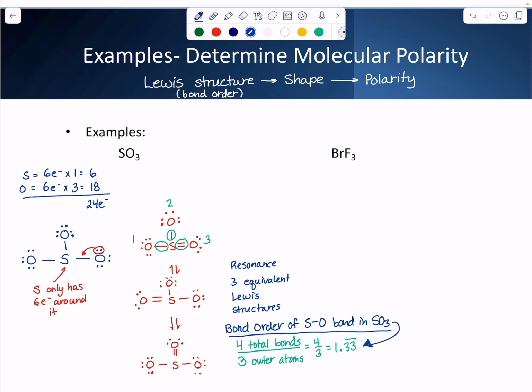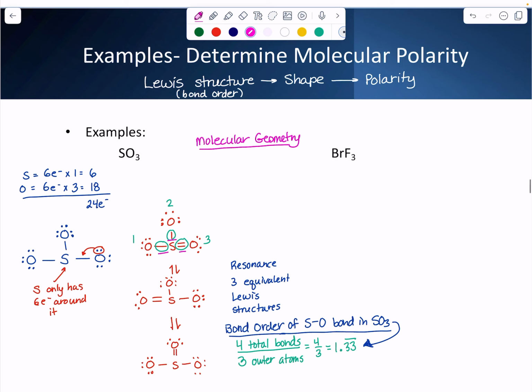Okay, so the next thing we want to concern ourselves with is molecular polarity. Let's think about that for a minute. First we have our Lewis structure, so we want to say what our molecular geometry is for this. In this case, we've got 1, 2, 3 structural pairs connected to our central atom.